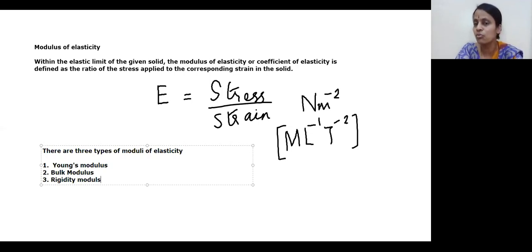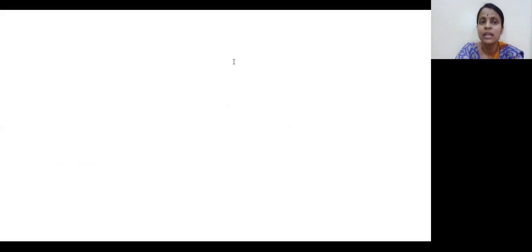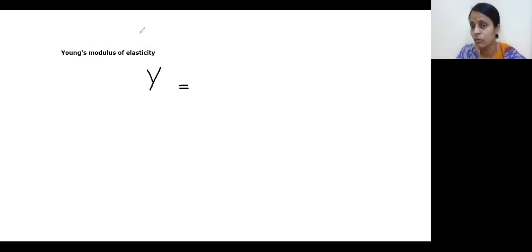So we will move into our first modulus, that's going to be Young's modulus. This is the first modulus of elasticity that we are going to do. That's Young's modulus, and it is going to be denoted by the alphabet capital Y. And how is it going to be defined?